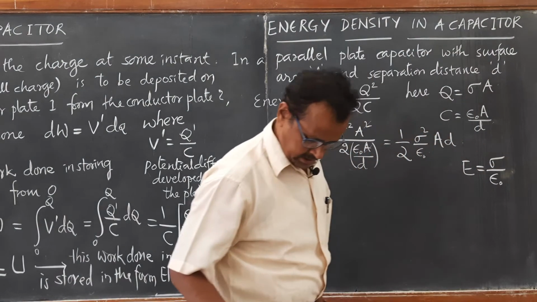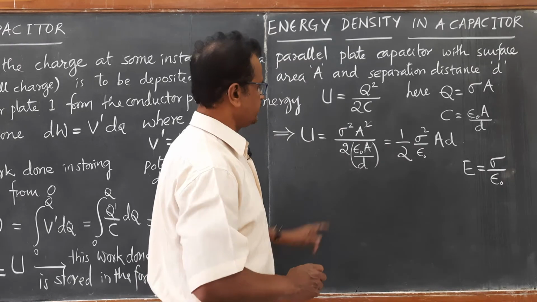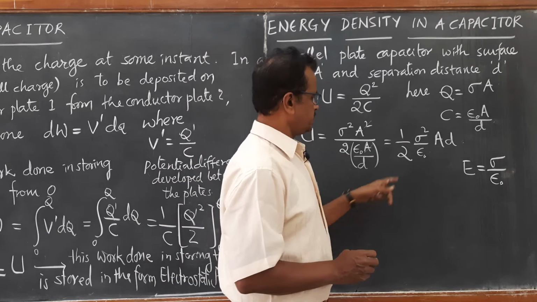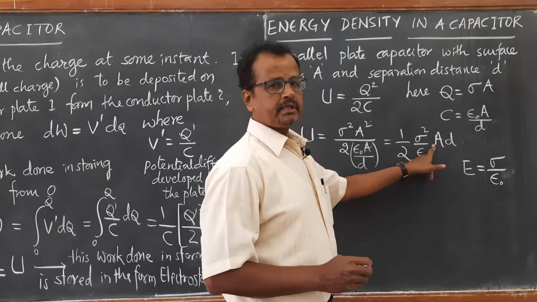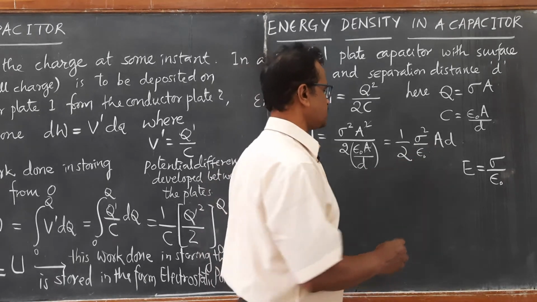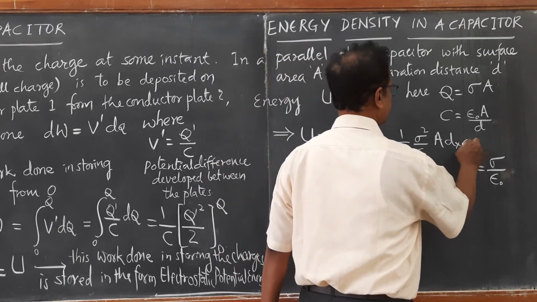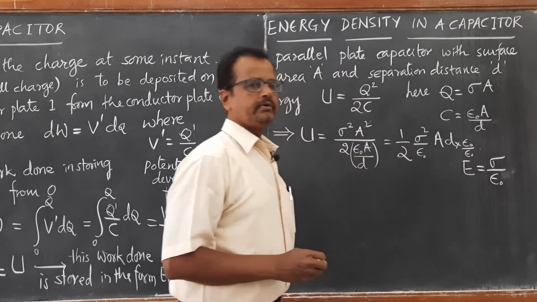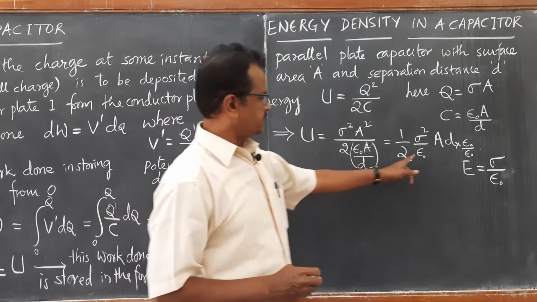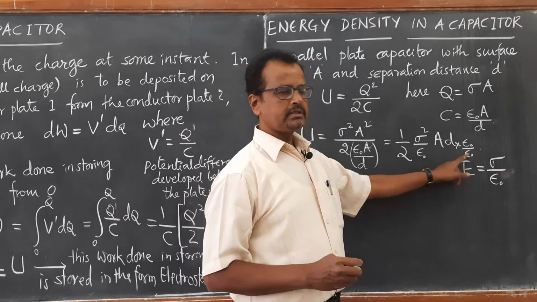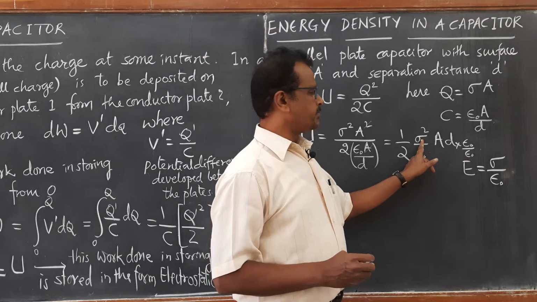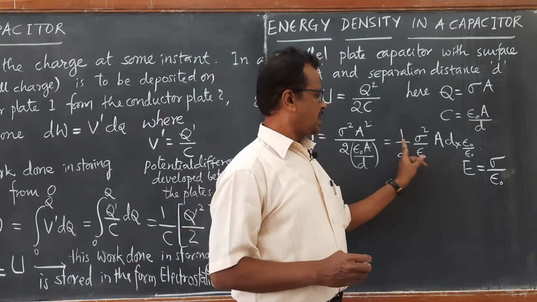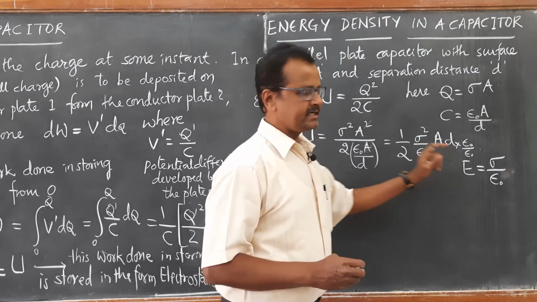To substitute that, we will multiply numerator and denominator by epsilon naught. Then in the denominator we get epsilon naught square, and in the numerator we get sigma square. So that in the next step I can write half E square, right?